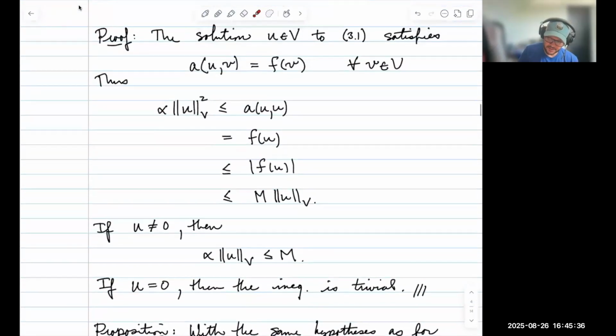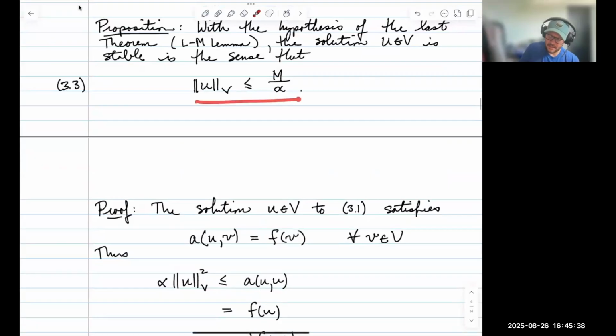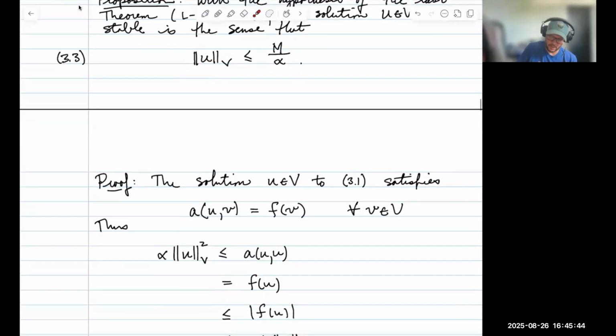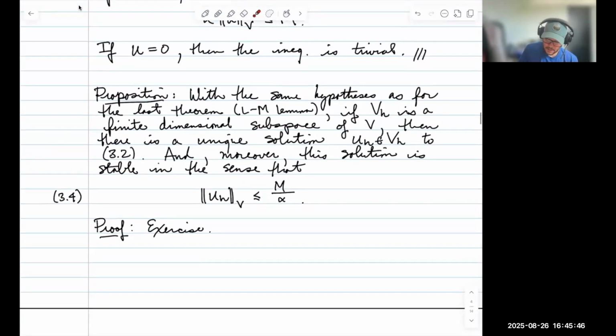But the analog of this for the abstract Galerkin approximation means more than it does in this setting. So that is now becoming a very important statement. It really does mean that this is stable.